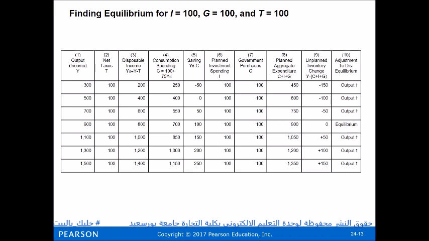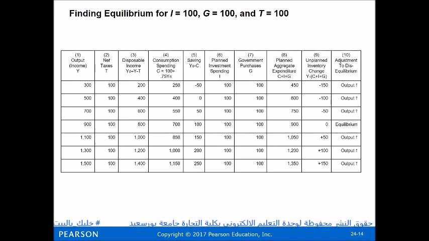We will find that the disposable income at that level of before tax income is going to be 1,400, and we obtain that value by subtracting T from 1,500. So we obtain a value of 1,400 for disposable income.